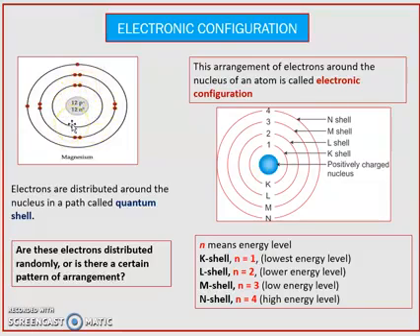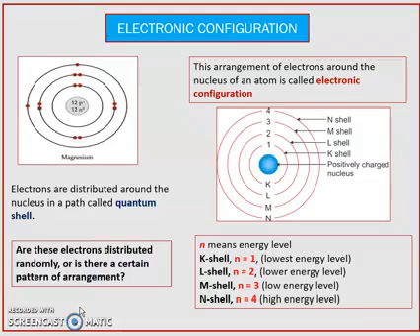Protons and neutrons are found in the nucleus, we already know, while electrons are found outside the nucleus. These electrons revolve around the nucleus just like the Earth and other planets revolve around the sun. These electrons are distributed in a part called the quantum shell. So this circular part is called the quantum shell, or normally, shell. But you would now ask, are these electrons distributed randomly, or is there a certain pattern of arrangement?